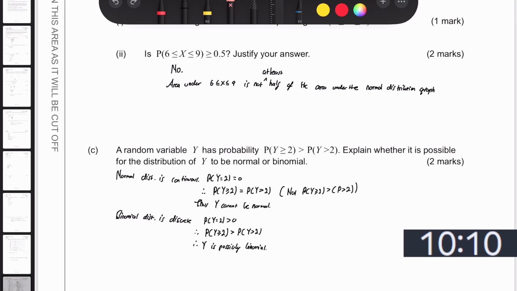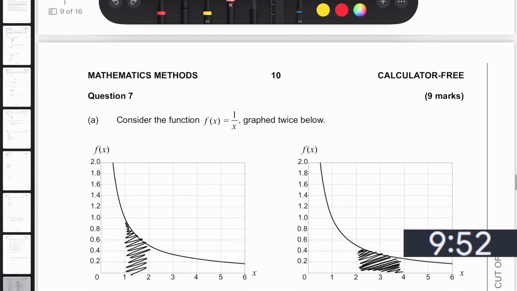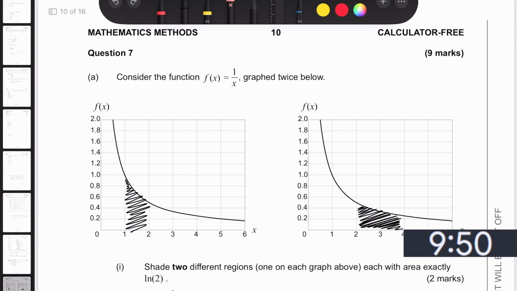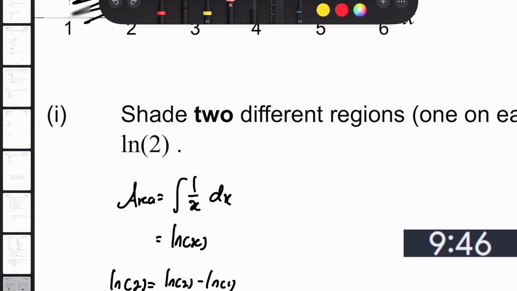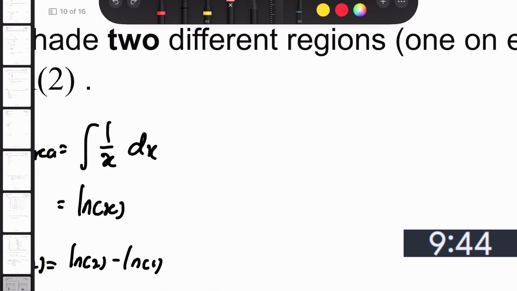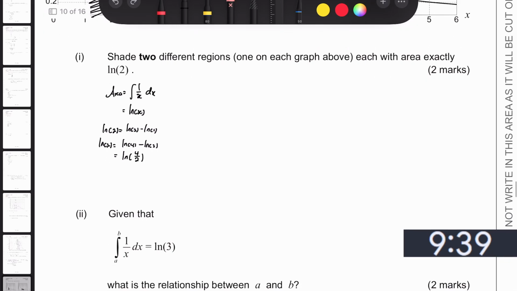Normal distribution is continuous, so it'll be 0, so these will be equal. But binomial, the probability at y equals 2 has to be greater than 0. So including y is 2 is going to be bigger than excluding y equals 2. So y is possibly binomial. b minus a.